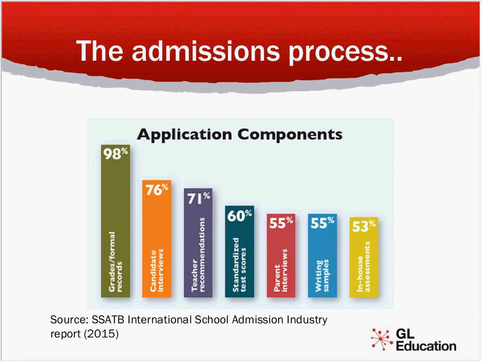It was produced in 2013, and after extensive research, it showed that 98% of schools, so international schools, use grades and formal records of students' prior attainment in informing the admissions process. Three quarters of schools use candidate interviews. Parent interviews are used in just over half of schools. And interesting that 53% on the right-hand side is in-house assessments.